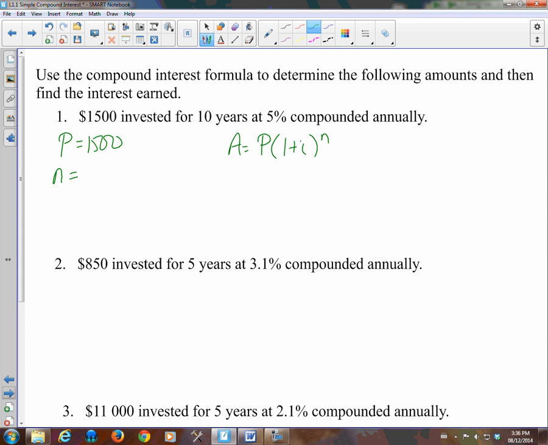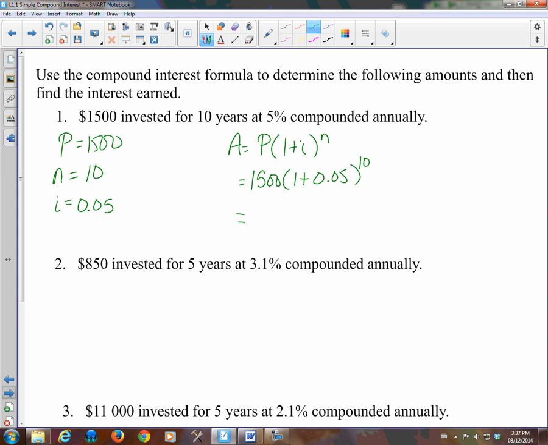So the number of times they're calculating the interest is 10 times, once every year. And the interest is being calculated once every year, so 0.05 each time. So to figure out the amount, I have 1,500 times 1 plus 0.05 to the exponent 10. And then you should be able to type that all into your calculator in one step.